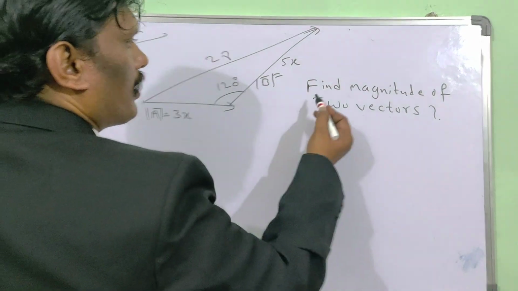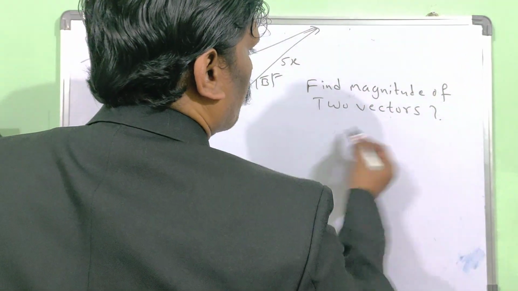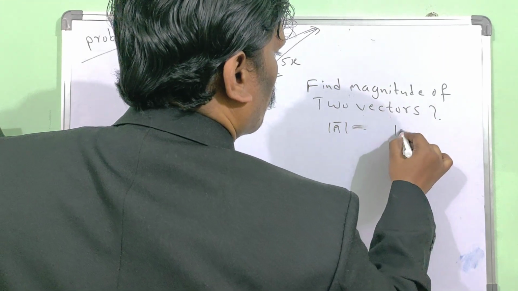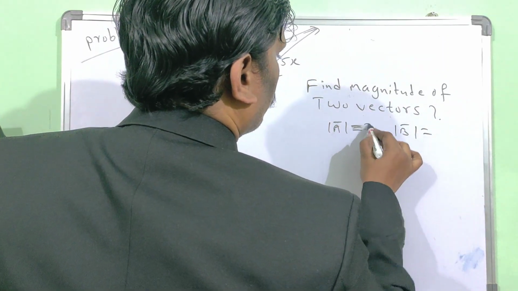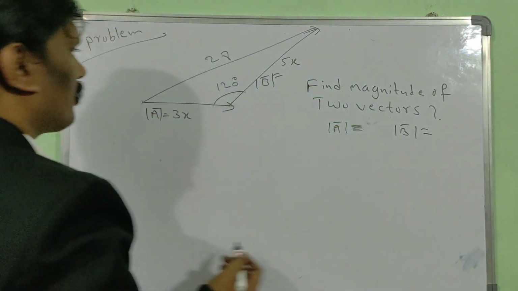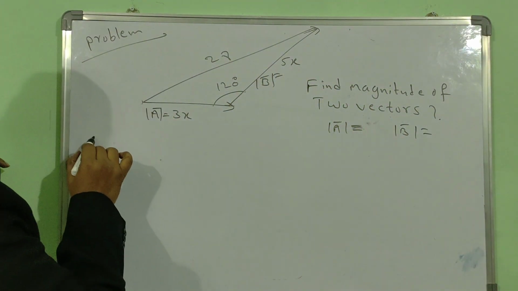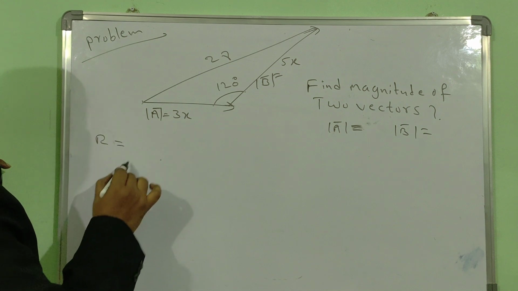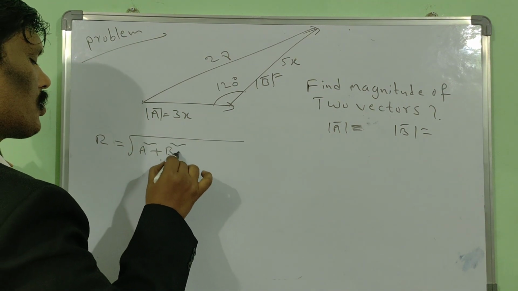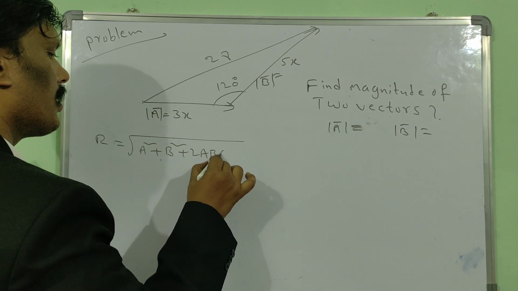Finding the magnitude of the two vectors means we need to calculate mod A bar and mod B bar. The magnitude of the resultant vector I am going to calculate using the formula: R equals the square root of A square plus B square plus 2AB cos theta.